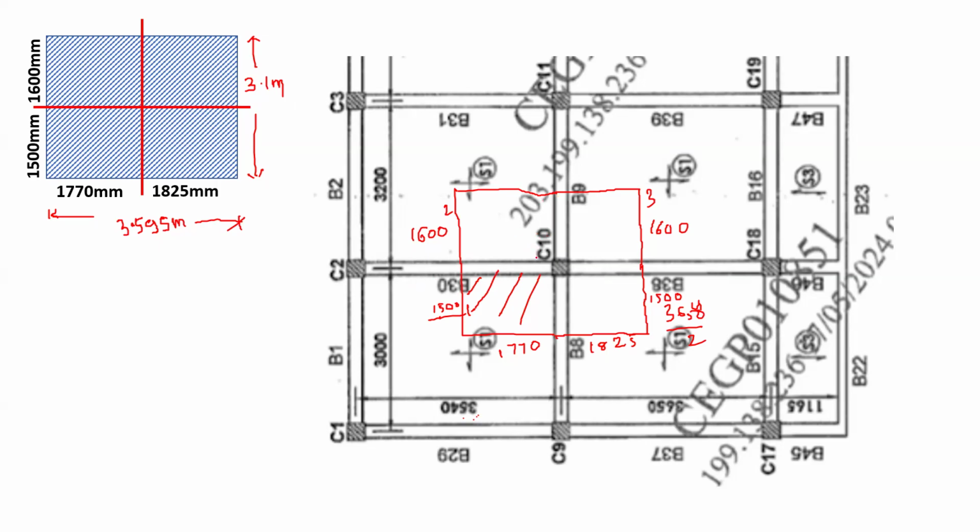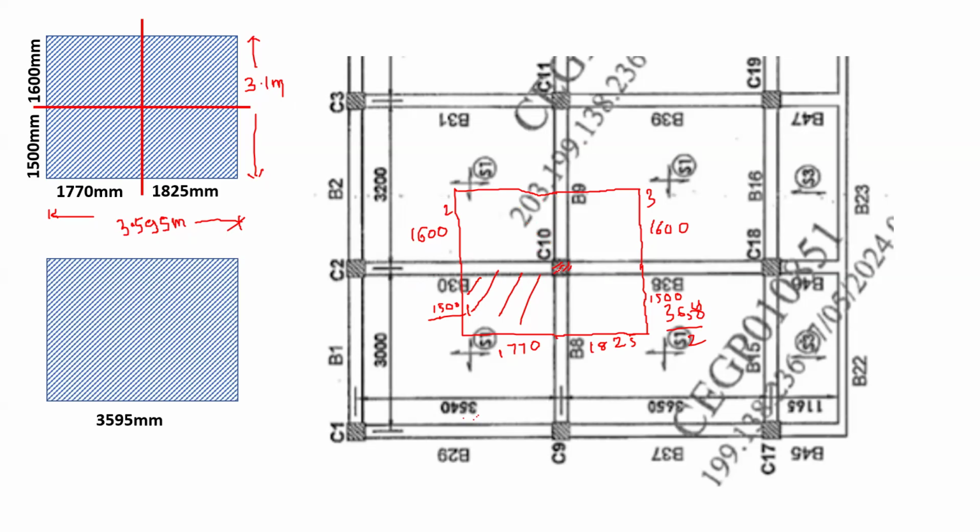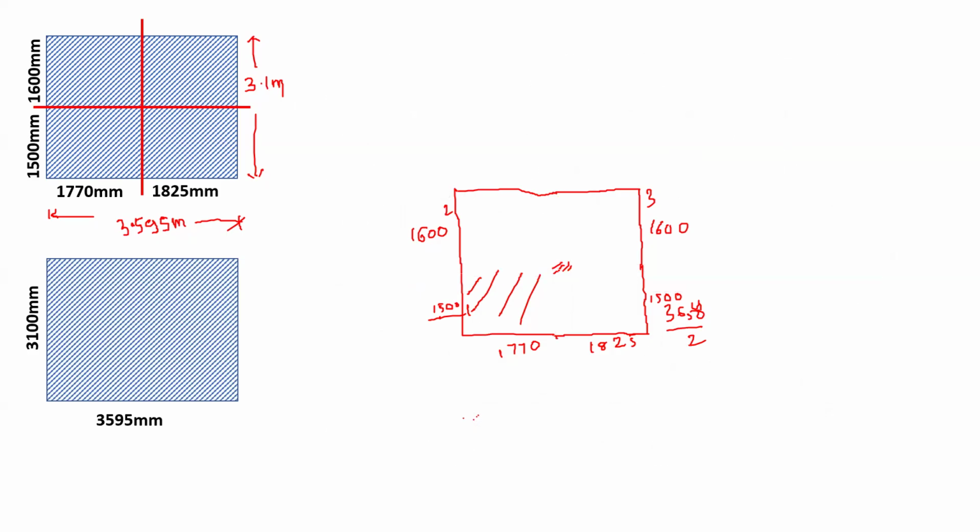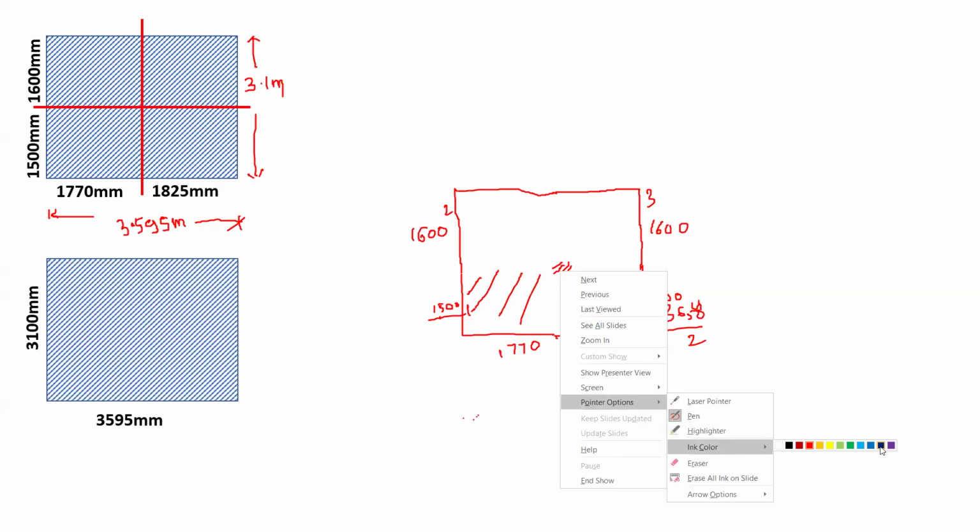That we are going to consider as the area of slab from which load is transferred to this C10. So we have this 3595 millimeters and 3100 millimeters. This is the first part. Now from this we are going to calculate the area of this slab. What values will we get?